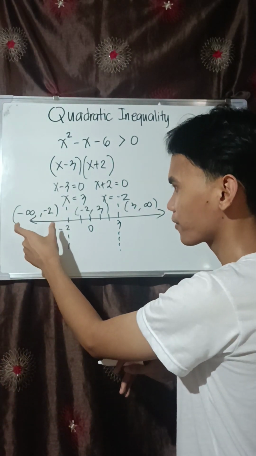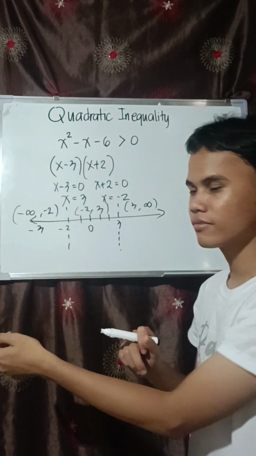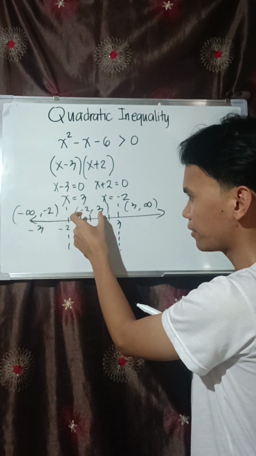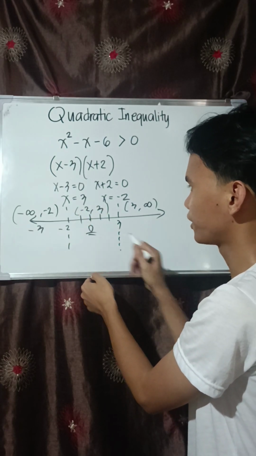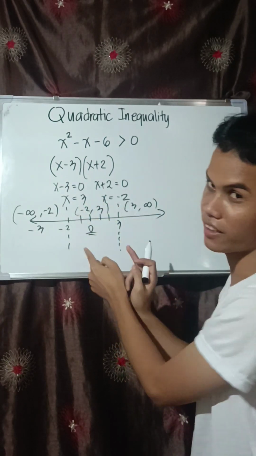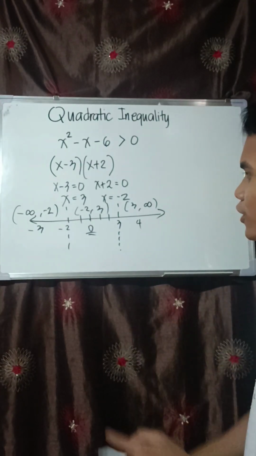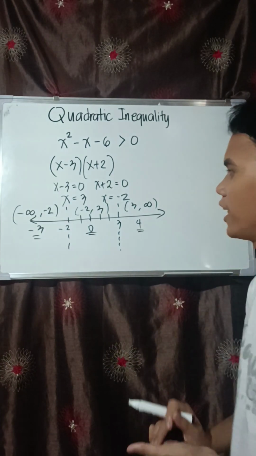So, dito, let's say negative 3. Ito yung magiging test value natin. Sa second interval, let's say 0, because 0 is part of this interval. And sa third interval, let's say 4. So, ito yung magiging test values natin: negative 3, 0, and 4.